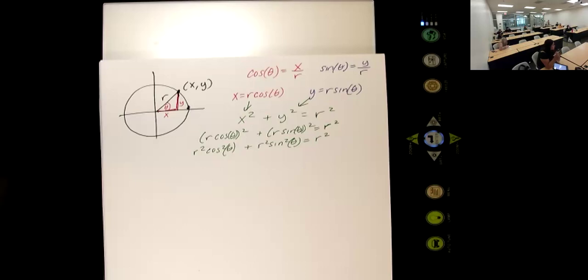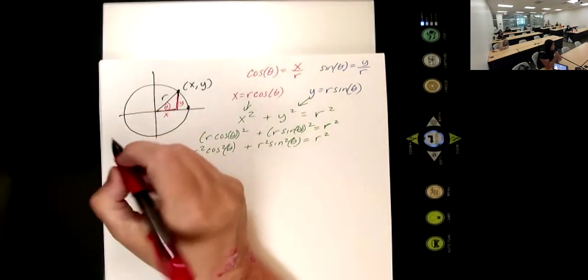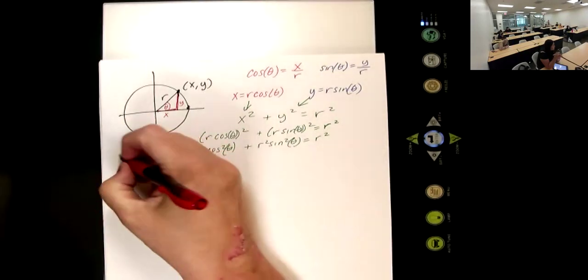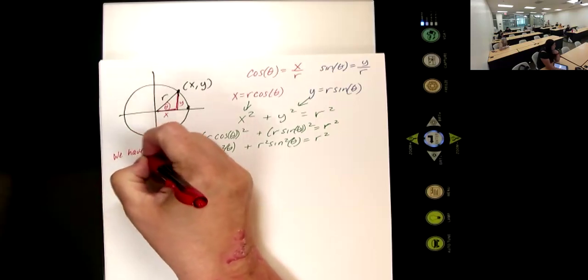Alright, we're almost there. We have r squared on both sides.